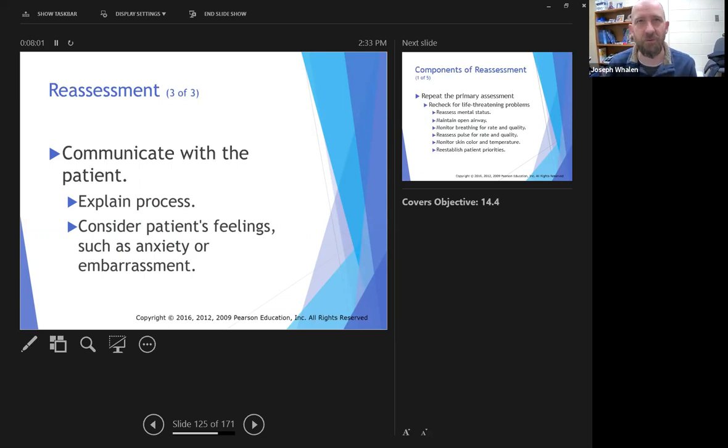some of the things that we have to do, like when we talked about doing a rapid trauma assessment. Some of the things we have to do could cause embarrassment or anxiety. So let's say your patient has a multi-system trauma, right? They've got some big injuries. They're with it, right? Completely with it. And we have to cut their clothes off to be able to properly observe their injuries.